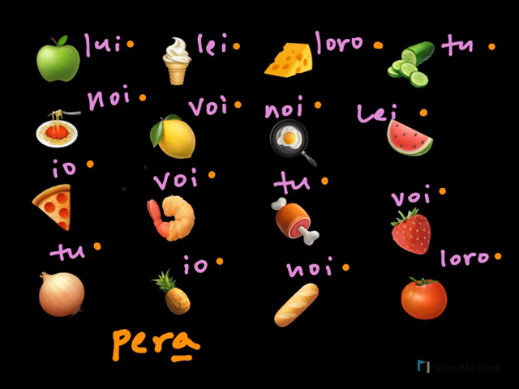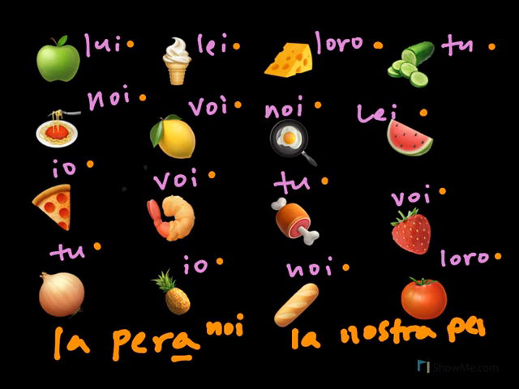Pera, feminine, pera. La pera, you know that the article is la pera. So you'll say, and you are given here one of the words, you have noi. So you use the article la, you have nostra, because it's feminine, and pera. So finally say la nostra pera, which means our pear.